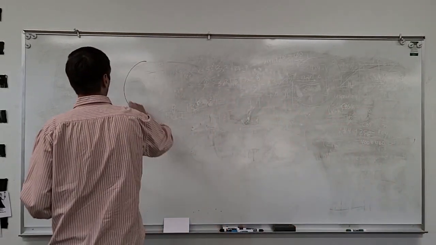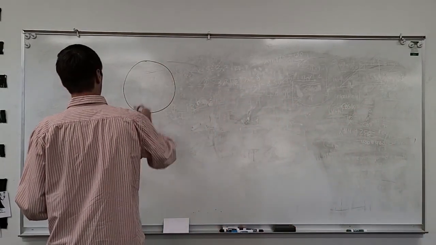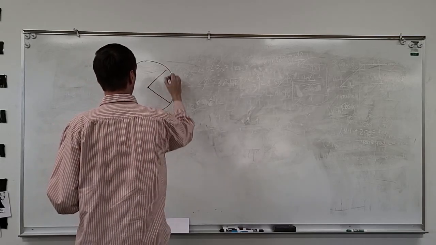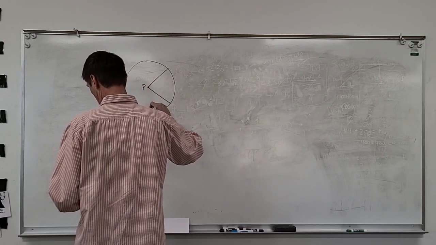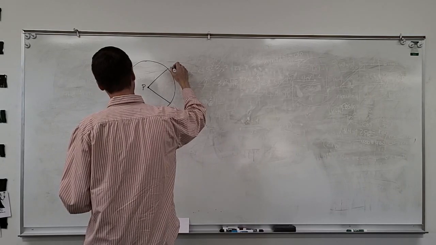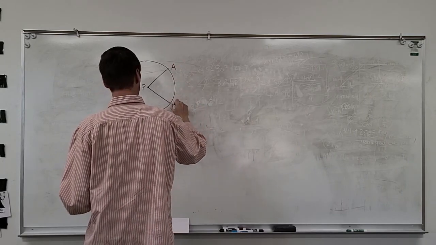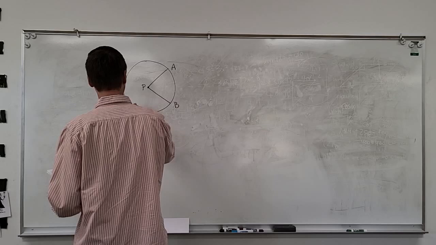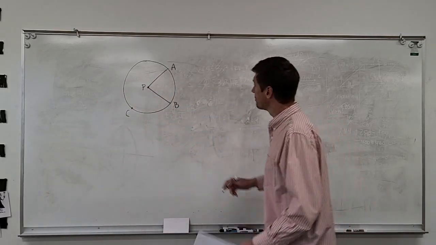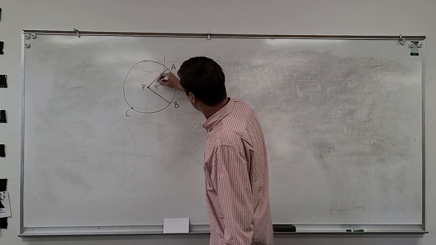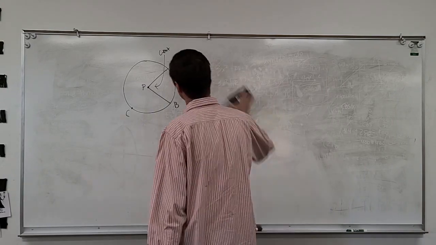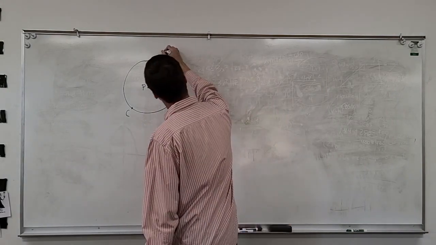Let's draw a circle, and we're going to put a point P in the middle, and this is going to be A, this is going to be B. We're going to put some random point out over here that we're going to call C. For this drawing here, we call this a central angle.